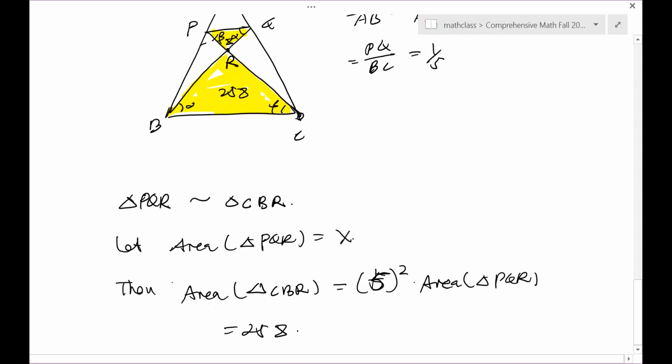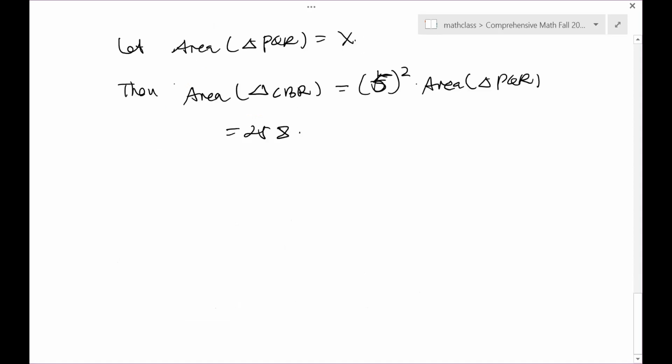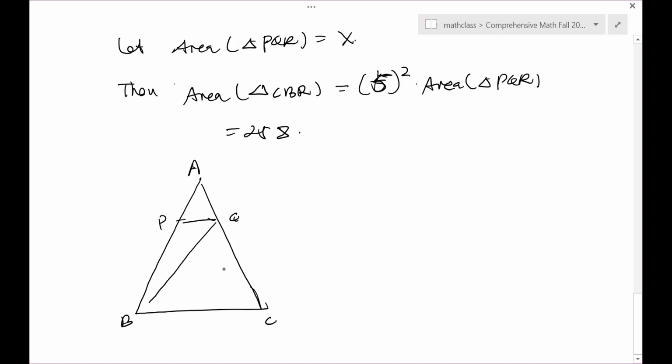So we get some kind of step by step. Let's go back to this triangle again, with A, B, C, P, and Q. That's R. We know if this area is X, this will be 25x.